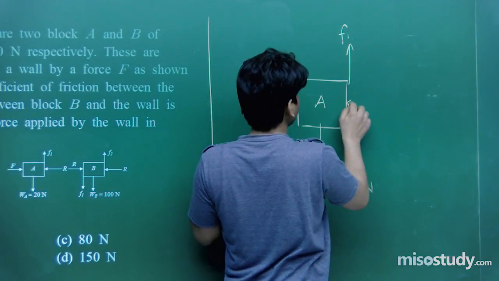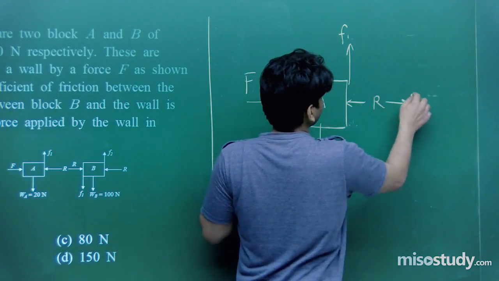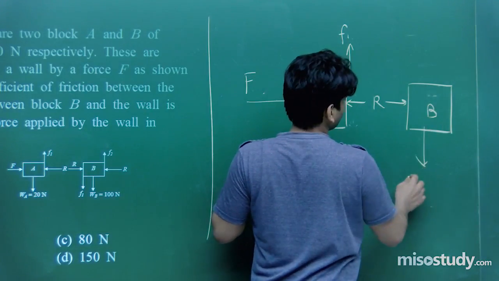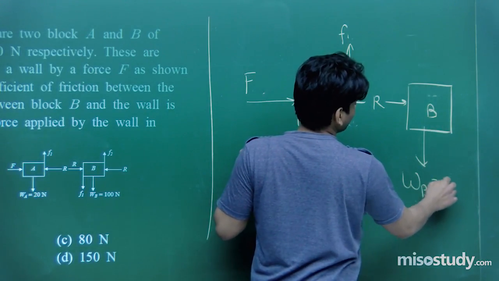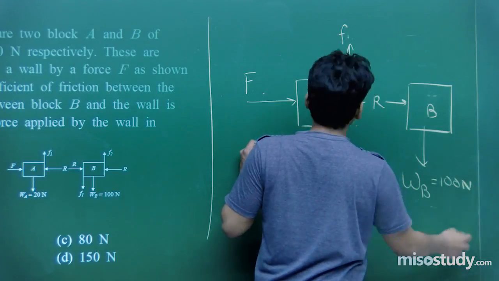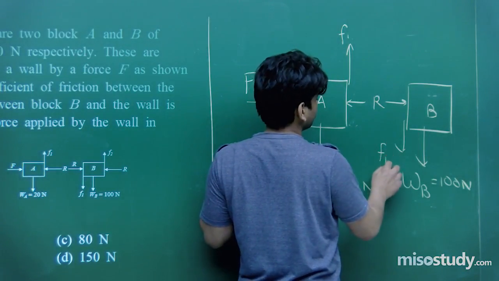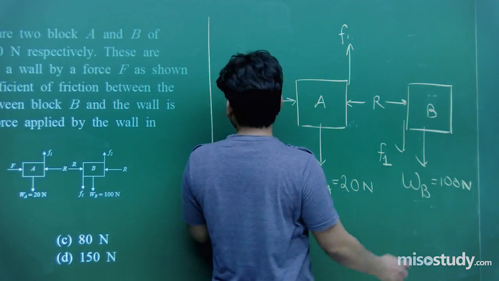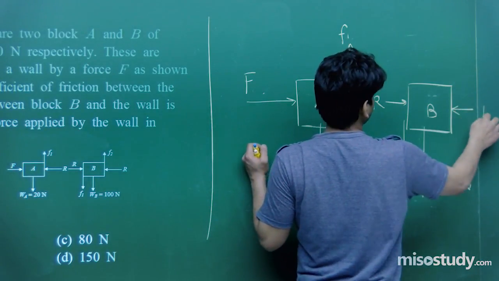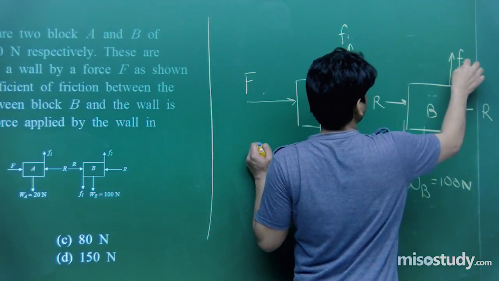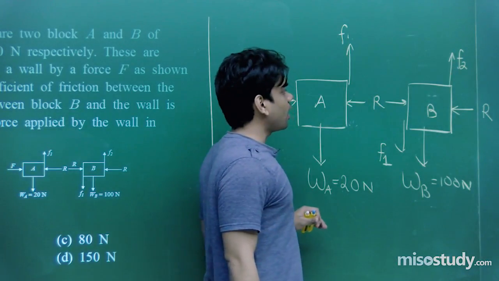Then this is R, this is B. Its weight is acting in the downward direction, given as 100 Newton. F1 is acting along this direction, then we have R acting here, then F2 acting along this direction. This is what we have been provided.